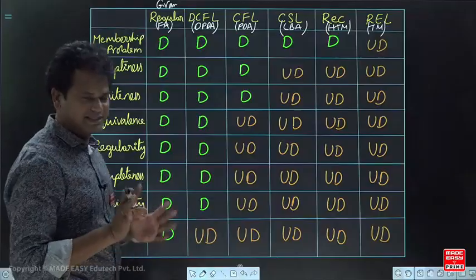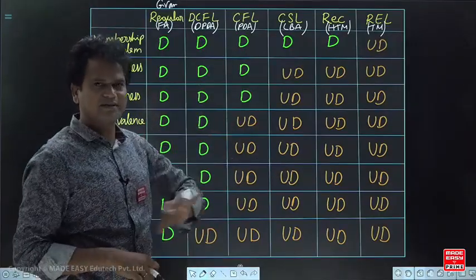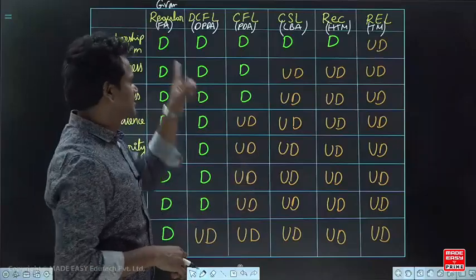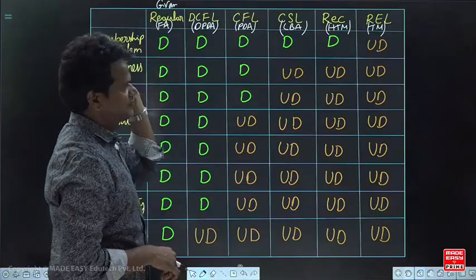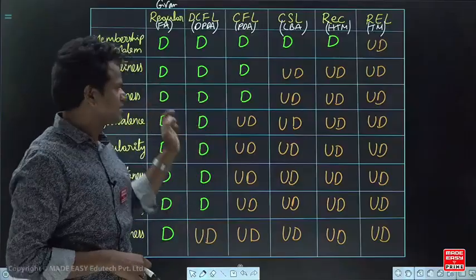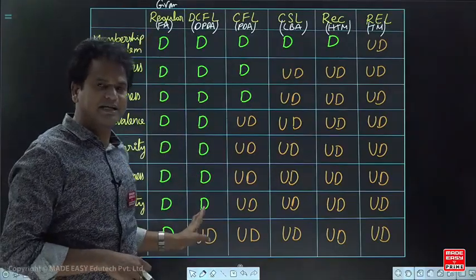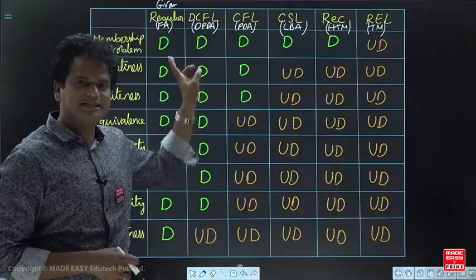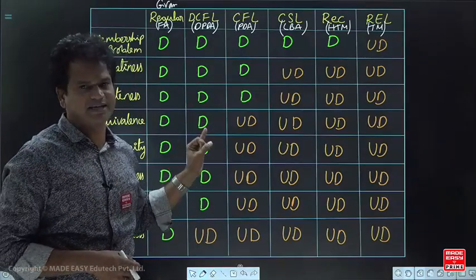Listen, if you remember this simple table, you can answer all these questions. These problems we can apply on grammar, on language, on machines. Simply remember regular languages are decidable, DCFL are decidable except disjointness, and CFL first 3: membership, emptiness, finiteness.